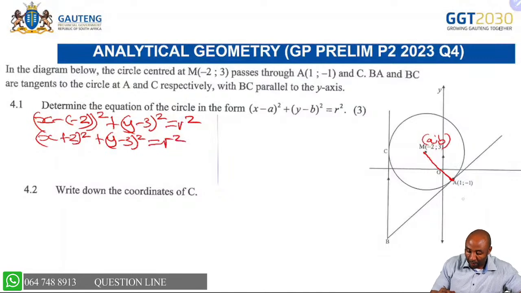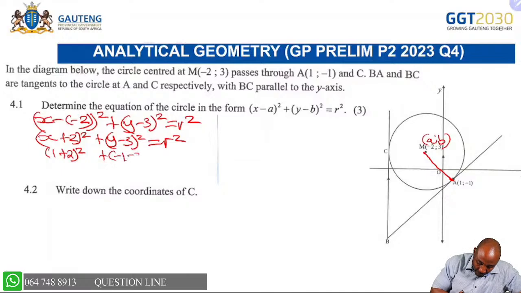If I substitute the coordinates of point A, I will have 1 plus 2 squared plus my y, which is -1 minus 3, squared. That will give me my r squared. 3 squared will give me 9, and that one will give me 16. So I'm able to see that my r squared will be equal to 25.